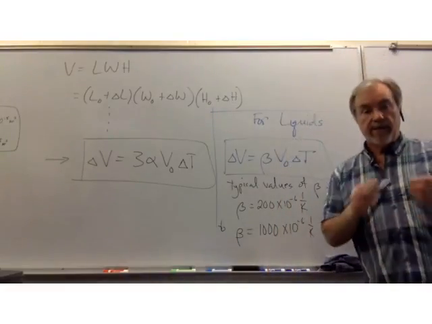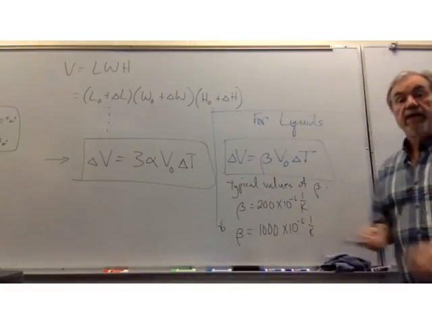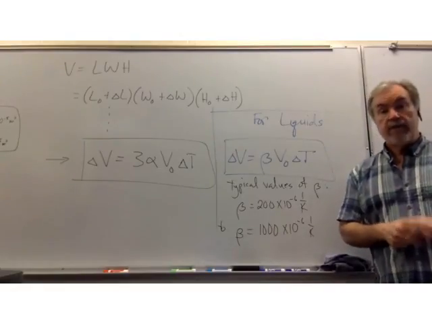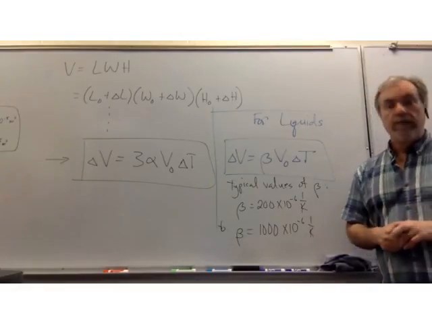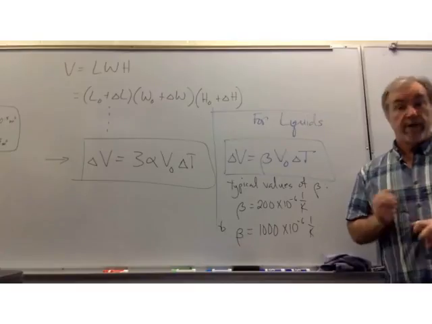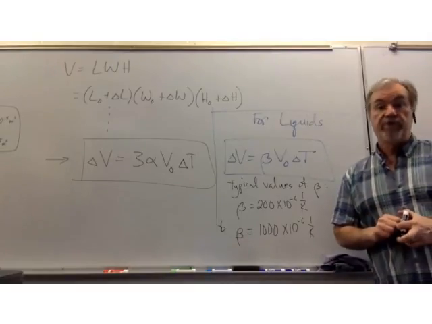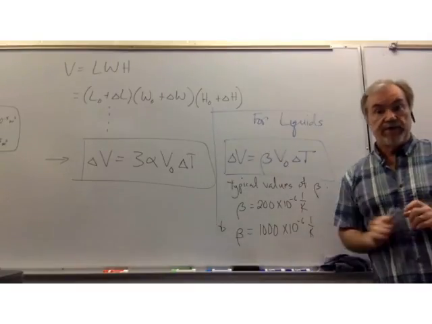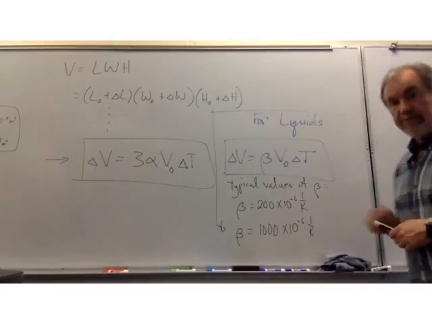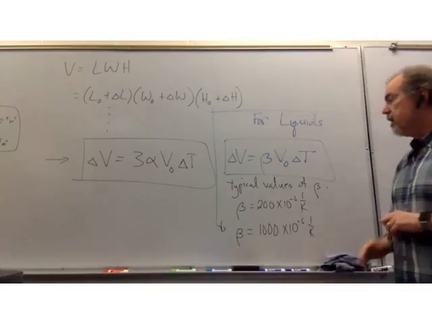Okay, so this is simply a way of indicating that liquids, as a general rule, expand and contract much more when temperature changes than solids do. Okay? Which, again, if you think about it, is probably not all that surprising.